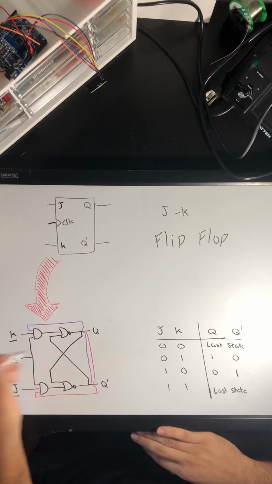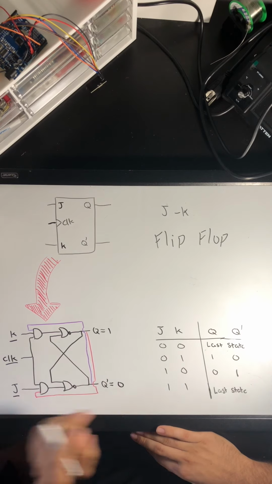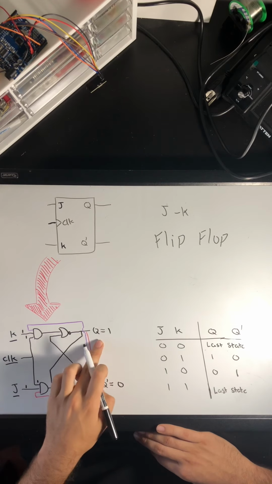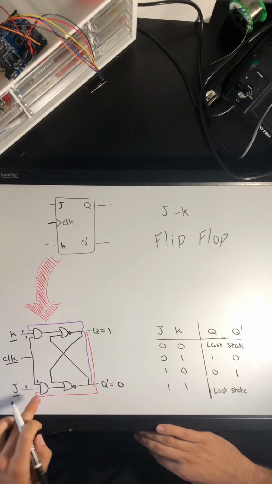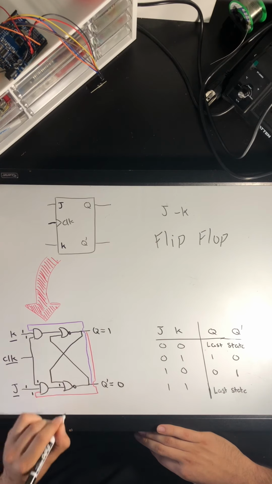So let's assume that Q was 1 and Q prime was 0. Both J and K are 1, so we have a 1 here and a 1 here. When the clock ticks, we'll have a 1 here and a 1 here. And since Q is 1 and we're feeding it back into this AND gate, we have a 1 here as well, which means we pass on a 1.